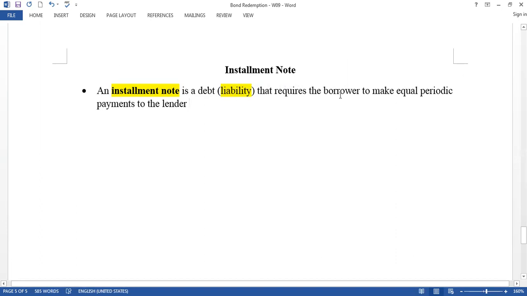And as you are a borrower, you have to pay this liability through some equal periodic payments to the lender, okay, for the term of the note. Anyway, so example.